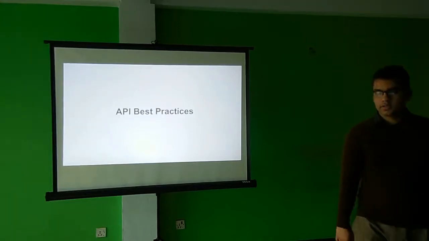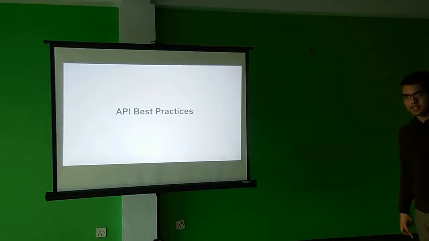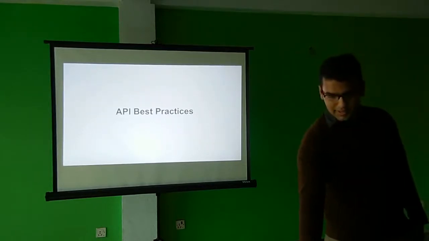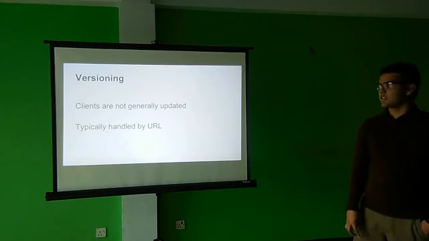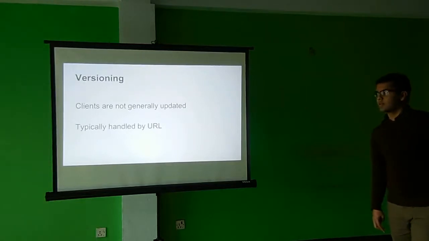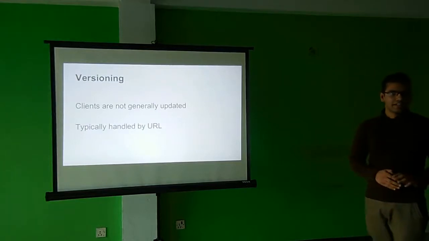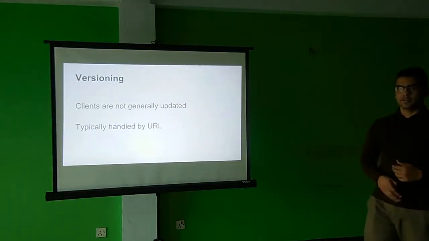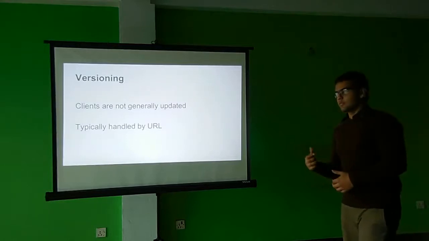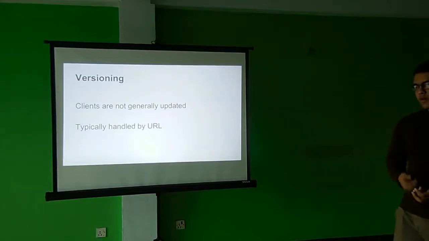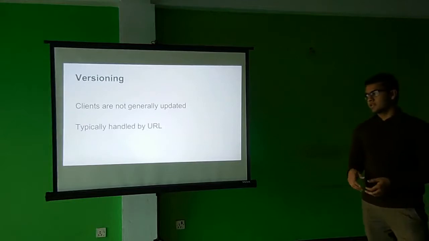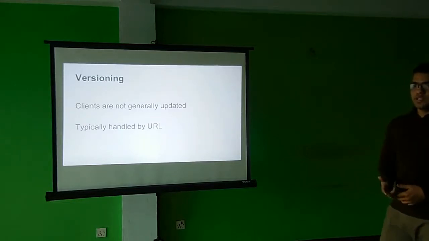So let's see some of the API best practices, what to do and what not to do while using an API. First, versioning. While creating an API, the client is generally not updated if the server upgrades the version. Suppose the server is implementing version 1 of the API, and if it implements version 2 of the API at the same URL, then the client will get confused.